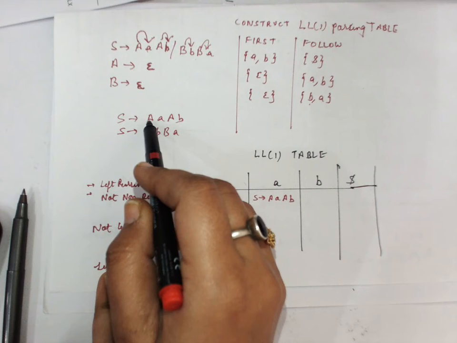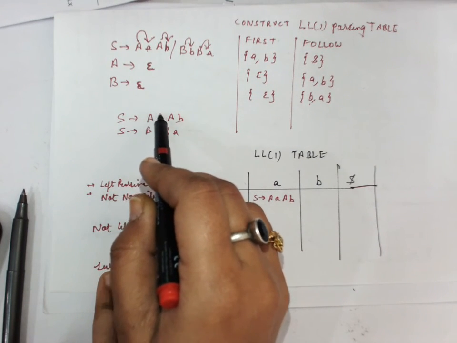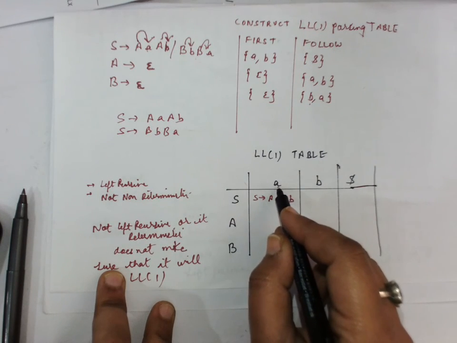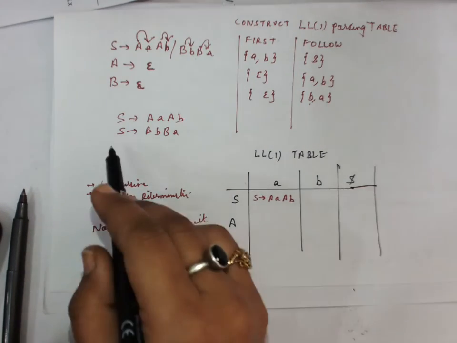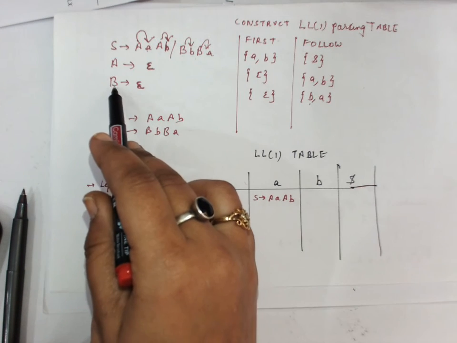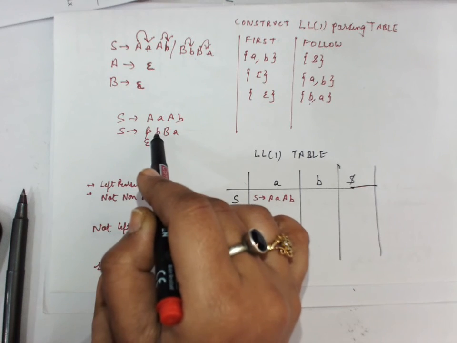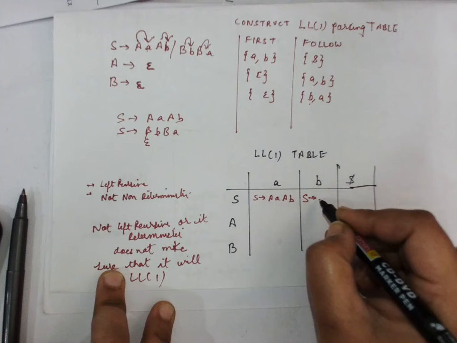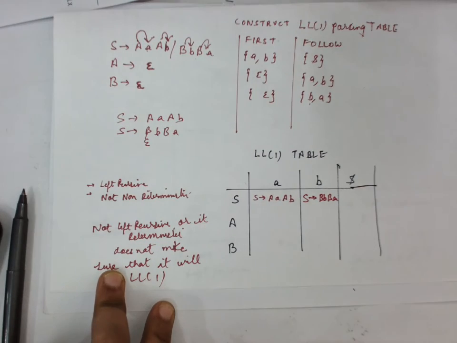If we replace A by epsilon, you will be directly getting the a over here. Okay, so under a you will get this production rule S gives A B. Okay, similarly for b we will be having this production rule, because if we write B gives epsilon over here, under b we will write, so what we are getting, small b. So first of this is b, so here you can write S gives B A. Okay, so these two entries are filled.